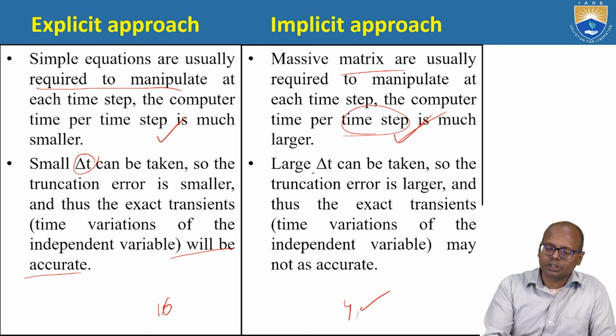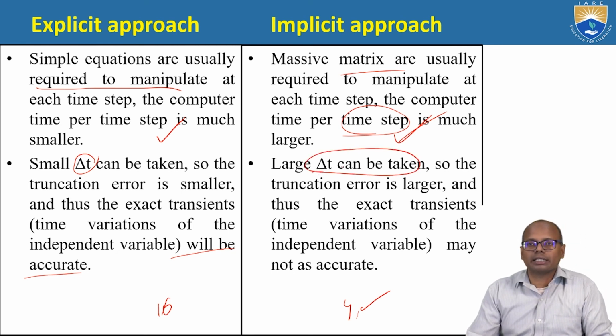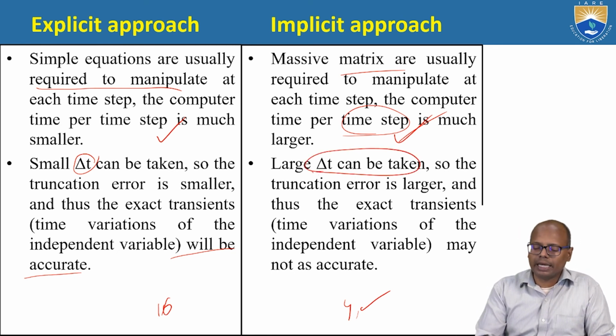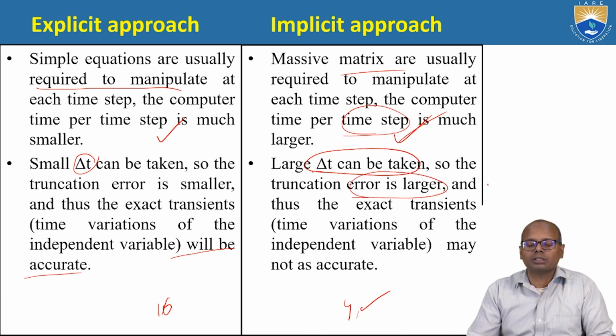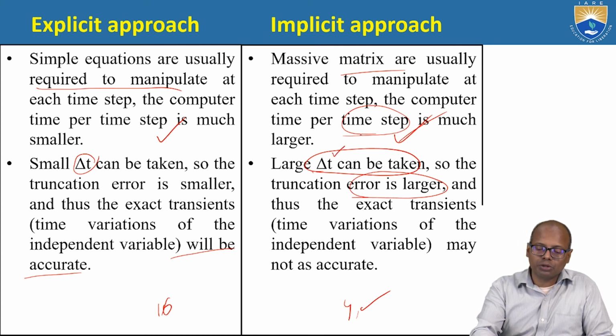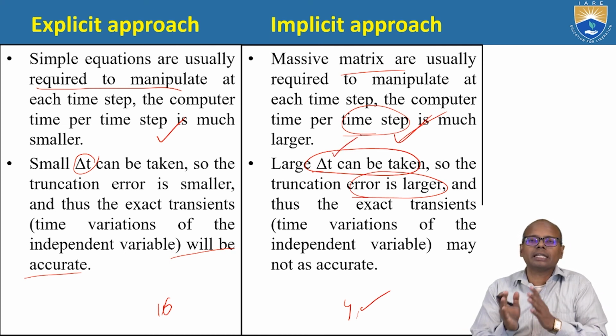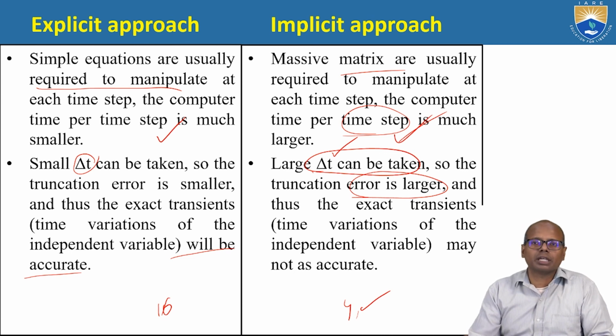But here, large time steps can be taken, so the errors also can be very large, so it may not give an accurate solution. So we have to take a reasonable value of time step so that we can get an accurate value in case of an implicit scheme.